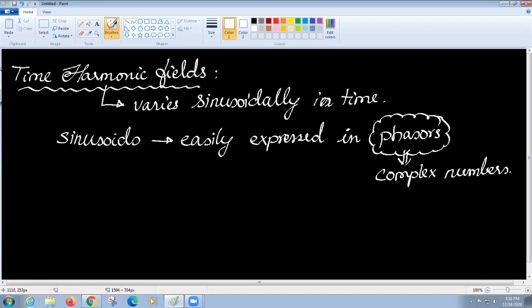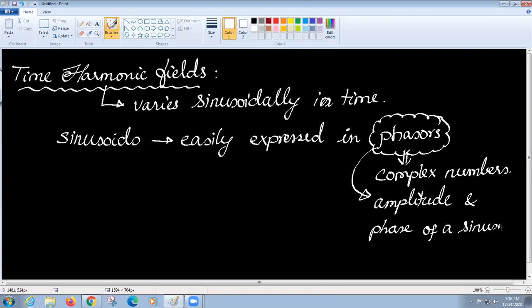As you know, a phasor is a complex number that contains the amplitude and phase of a sinusoidal oscillation. Very important stuff. Therefore it is generally a complex number.